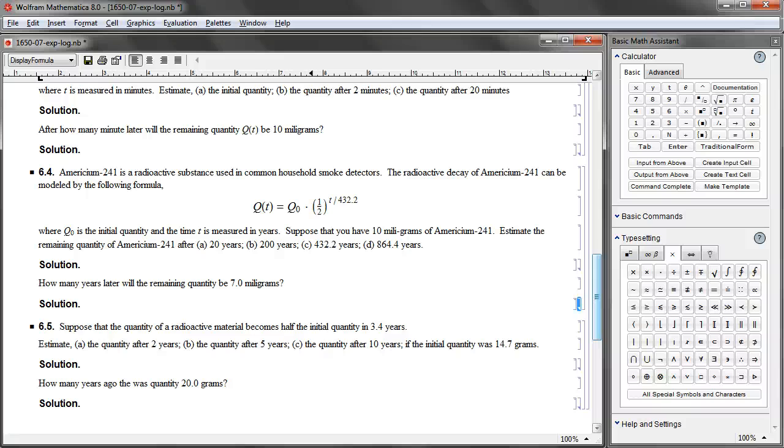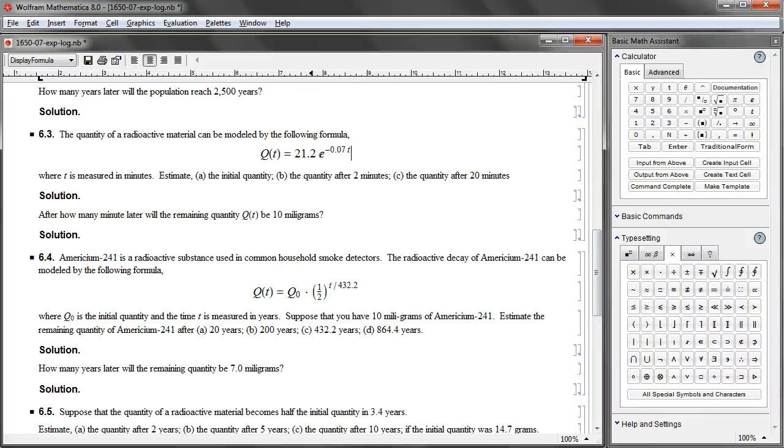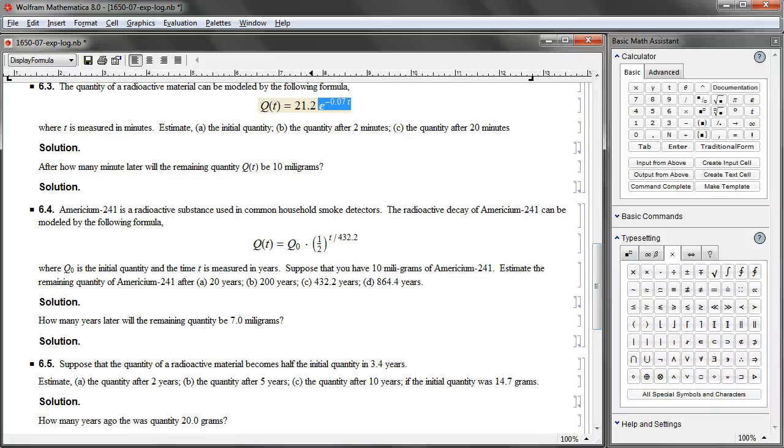Well, how about the next problem? Again, this kind of problem will be pretty much the same. You can use either one type of exponential decay model, where we have initial quantity and natural exponential to the negative kt, or you can use half-life if half-life is given: Q0, initial quantity, times 1/2 to the t over capital T, where capital T is the half-life.